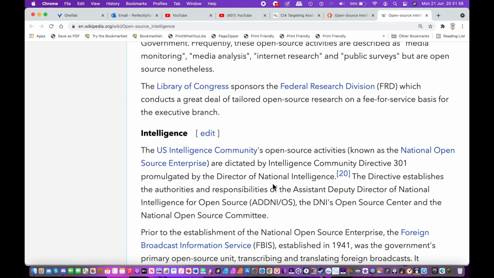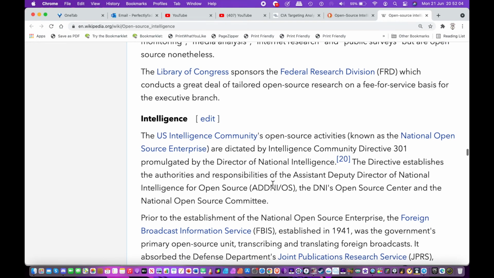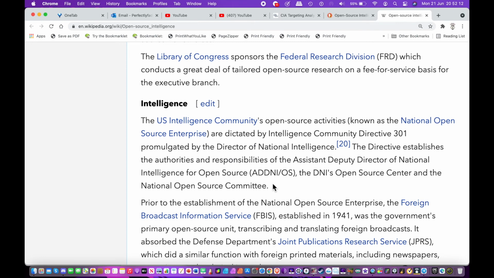Intelligence. The US intelligence community's open source activities, known as the National Open Source Enterprise, are dictated by Intelligence Community Directive 301, promulgated by the Director of National Intelligence.